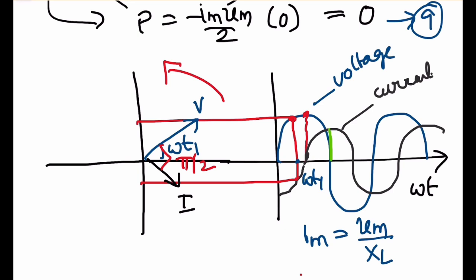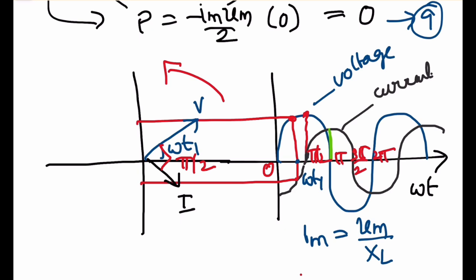You can mark 0, pi by 2, pi, 3 pi by 2, 2 pi, and so on for your reference. So with this we have completed the phasor diagram. If you want to show the magnitudes, you can extend these lines.